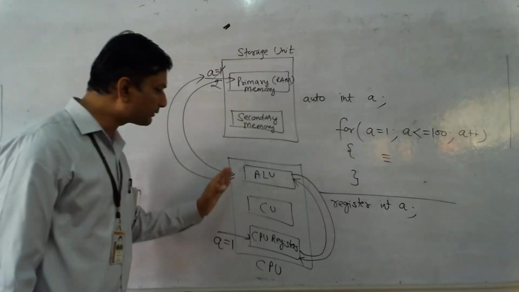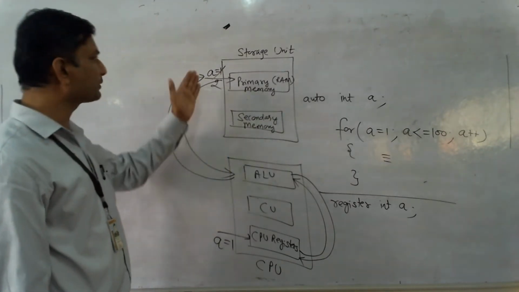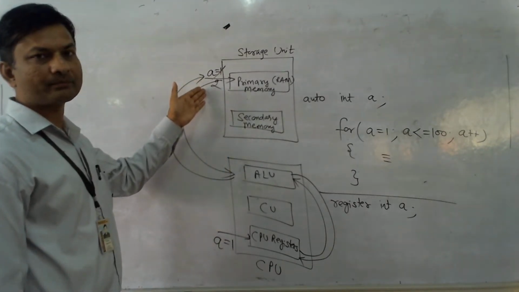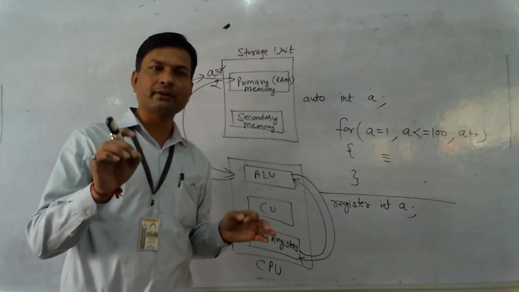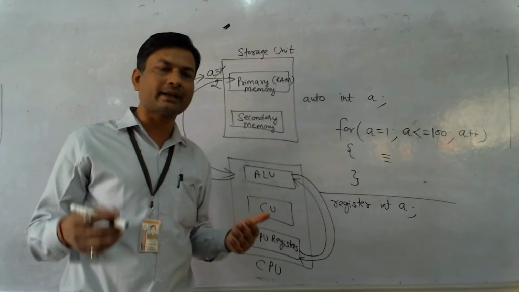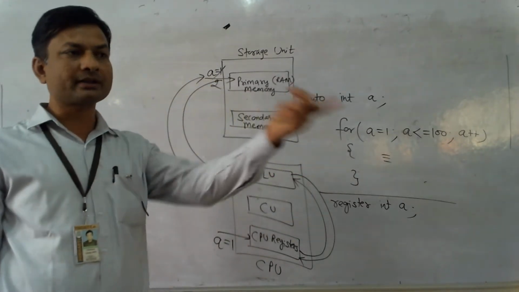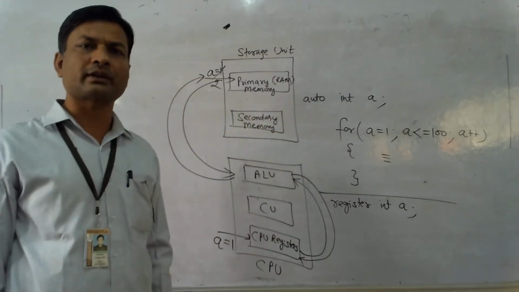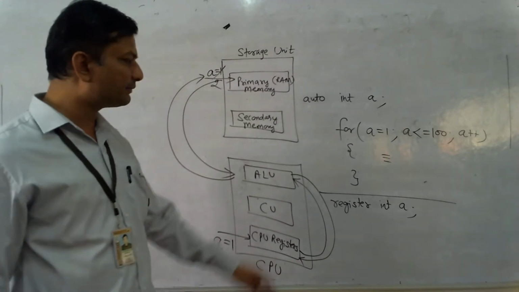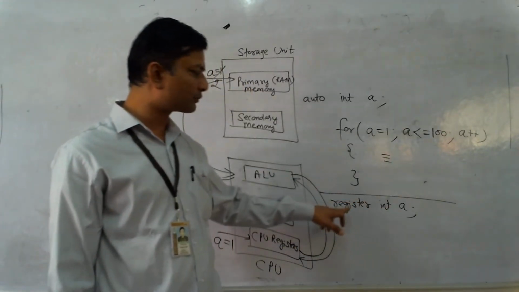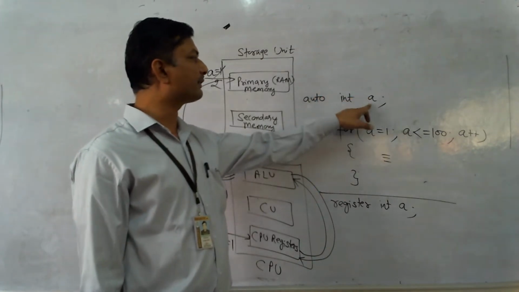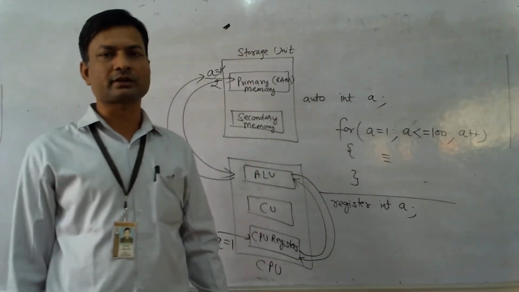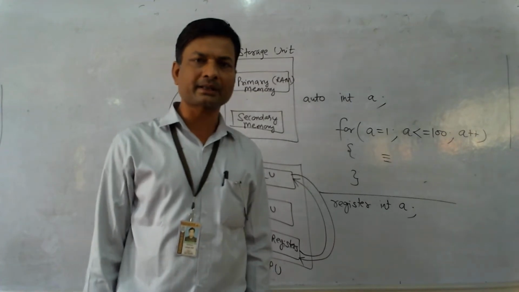So it will take very much less time as compared to this one. So if, as a programmer, we know that such a variable requires lots of calculations, in that case we can specify that the variable belongs to register storage class. Otherwise, we can specify that the variable belongs to automatic storage class or other storage classes as per the requirement.